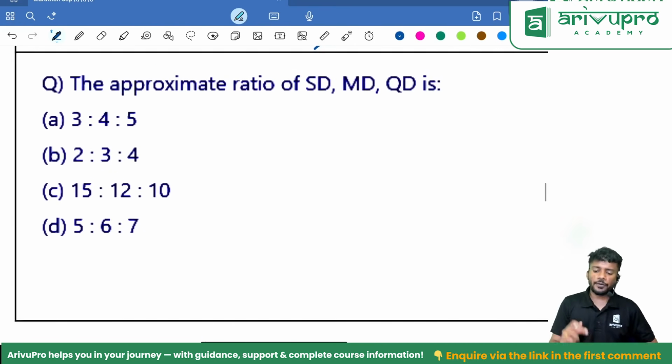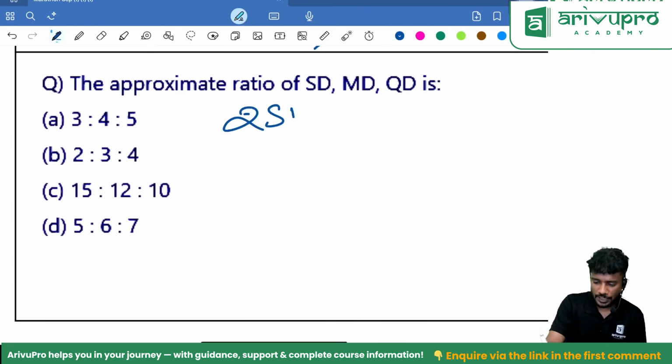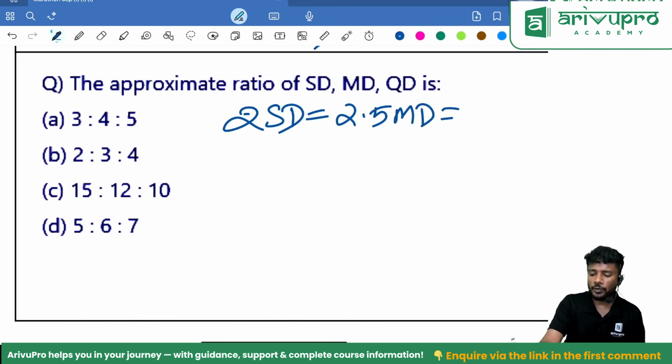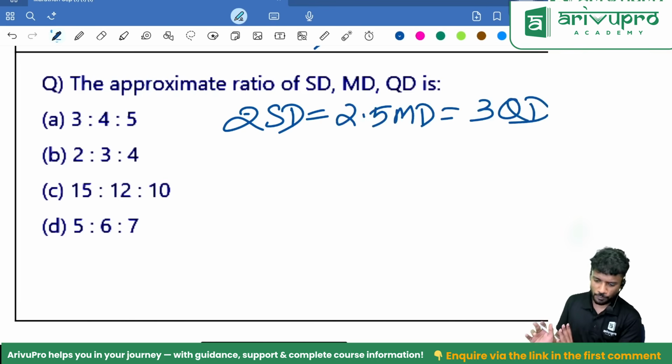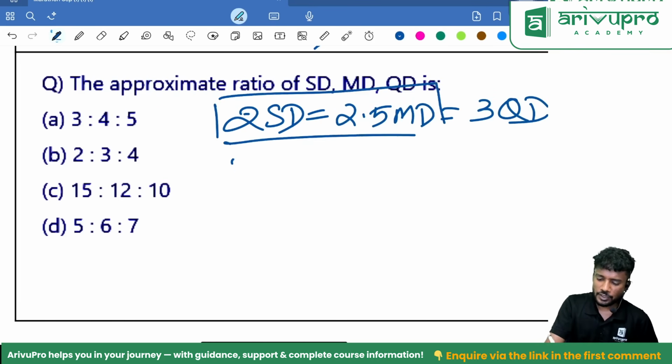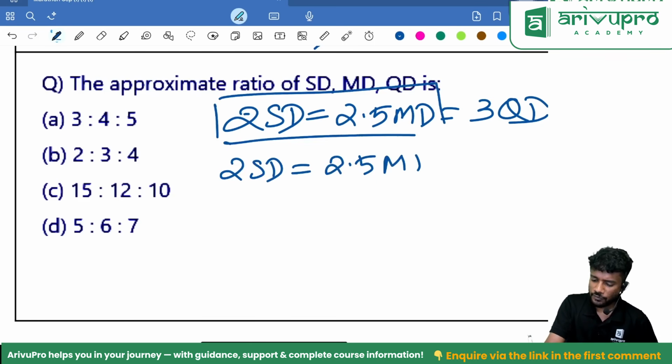Now, approximate ratio of SD, MD and QD. Very easy. So, what do we know? 2SD is equal to 2.5 MD is equal to how many? 3 QD. Now, what are we going to take? We will take the first two terms. Then 2SD is equal to 2.5 MD. From this I will write SD divided by MD.